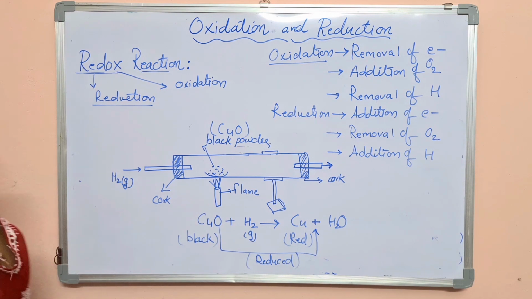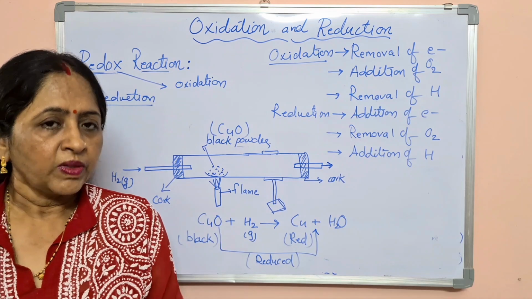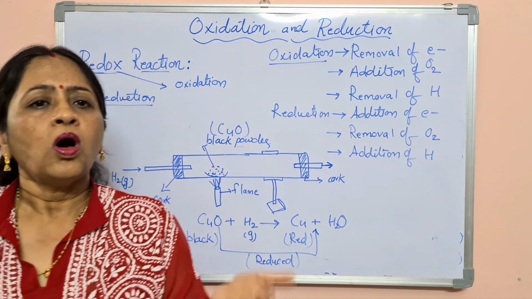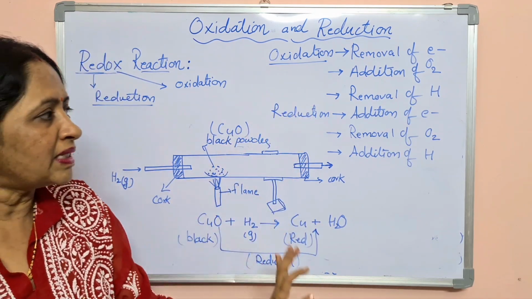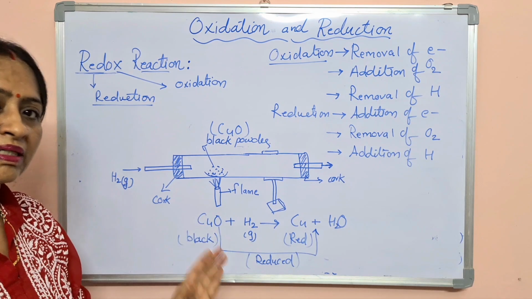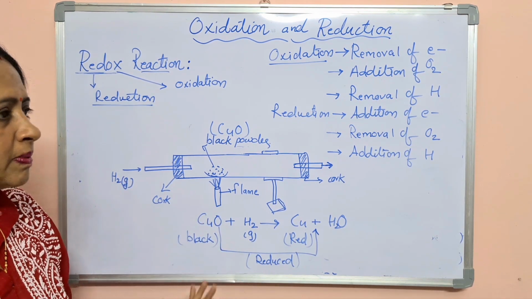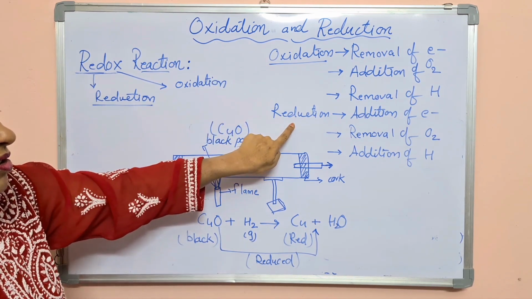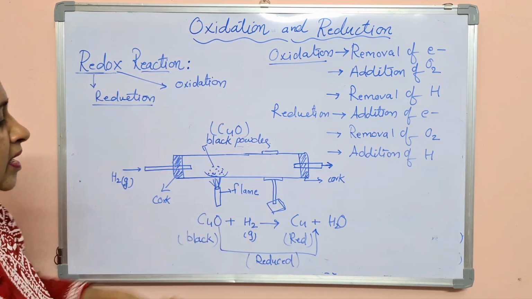So I think it's clear to all of you what a redox reaction is. A redox reaction is the reaction in which oxidation and reduction take place simultaneously. The important thing is simultaneously. It is not possible in any reaction that only oxidation or only reduction takes place. Both these reactions take place simultaneously.